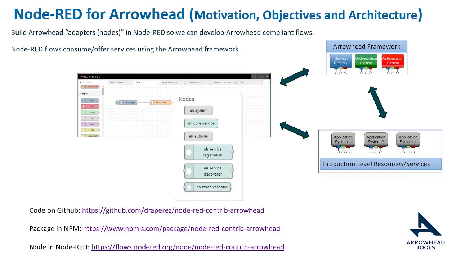For that, we have created 6 nodes to interact with the Arrowhead core services: registry, orchestration, and authorization. We have included them in a NodeRED module. The module has been added to the NodeRED community for others to use. In this slide, you can see where you can access the development of NodeRED that we have achieved.